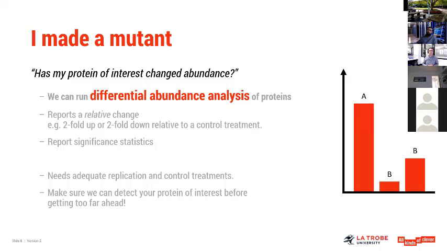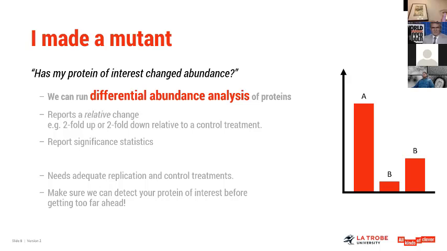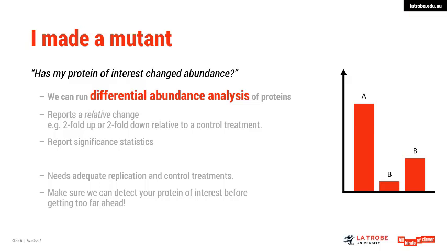You'd get a report of all the proteins that are detected in your samples and, where possible, a relative change. If it was detected in all of your treatments, you'll get a nice fold change, a quantitative measurement for those. These are relative changes to your controls, and you can get some statistics on that.